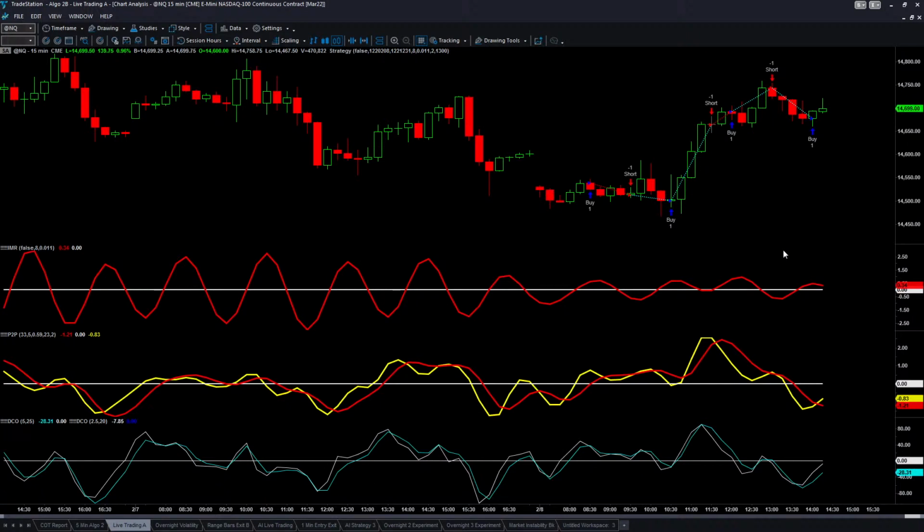And we're also back in a consolidation zone as well. Right here.